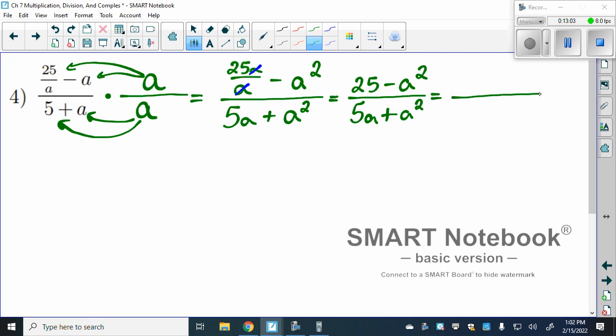Well, we do need to factor to see if there is anything in common on top and bottom. That way, if there is something, we can reduce it. Well, in the denominator, 5a and a squared, we have a greatest common factor of what? A, yes? If we factor an a out of 5a, we're left with 5.